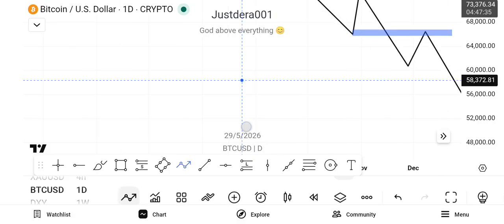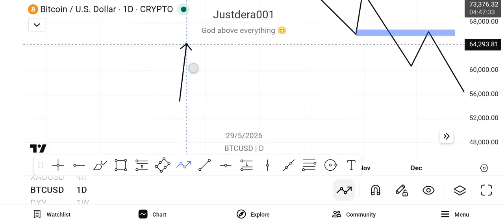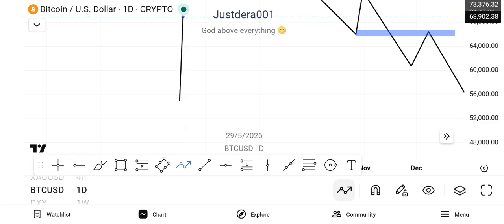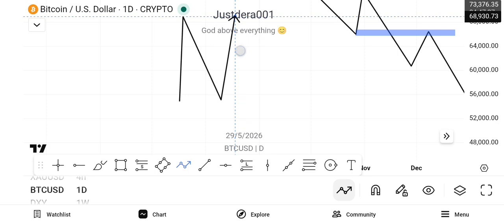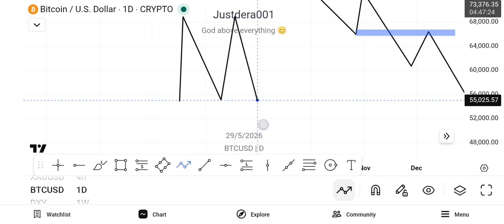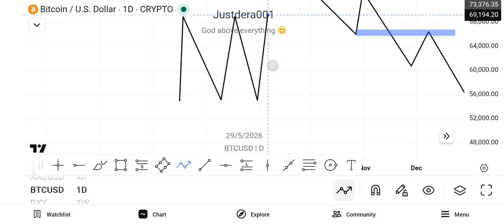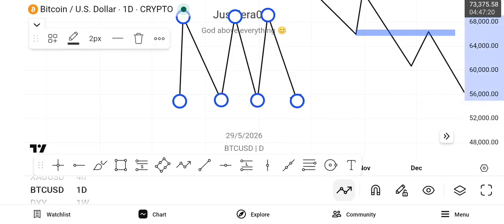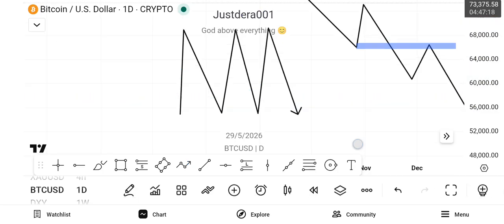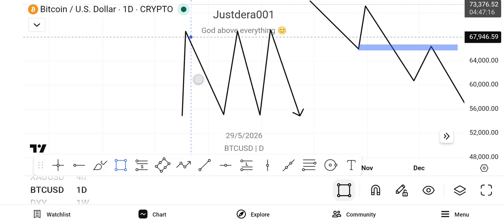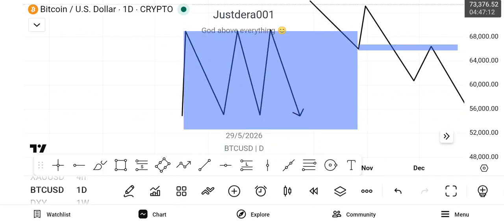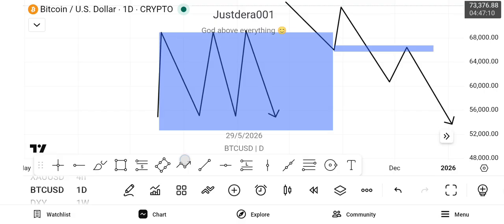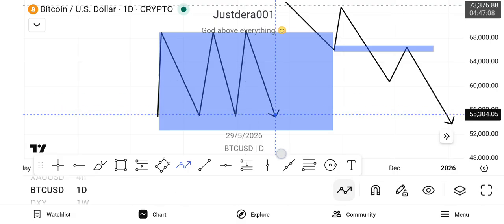For the consolidation, it's all about the market going from support to resistance, then support, resistance, resistance to support. You can't basically trade this market because it is kind of going nowhere. It's just in a ranging form. Before you can trade this market, the market needs to break out from a zone.